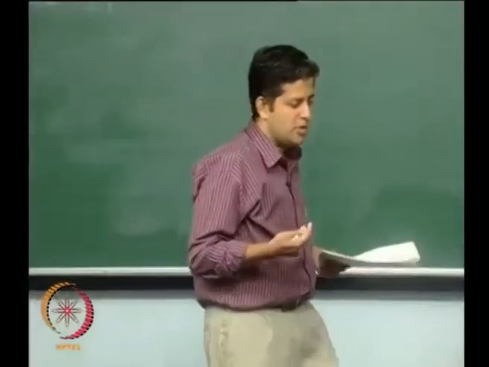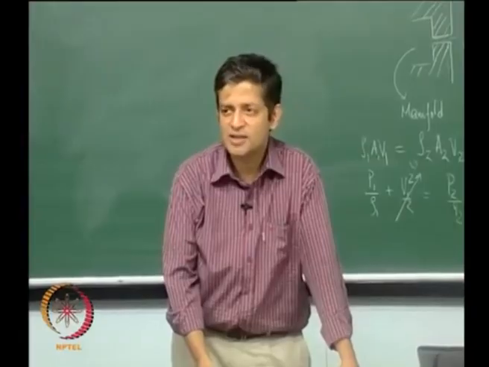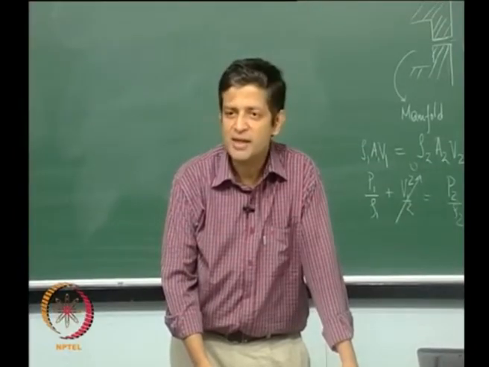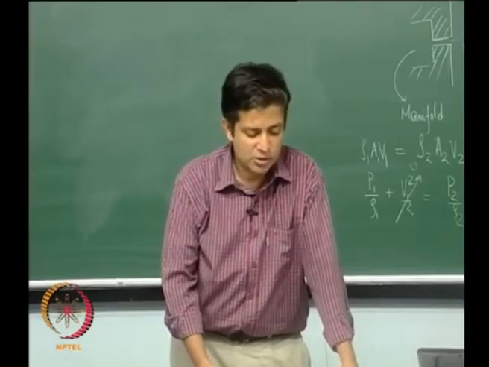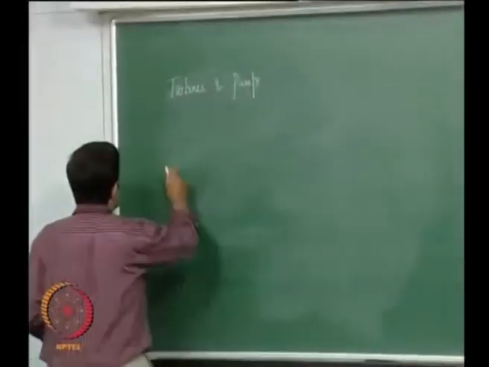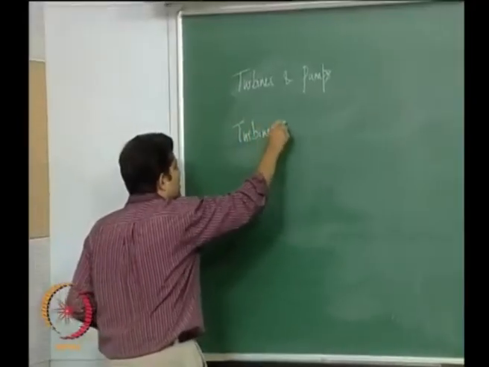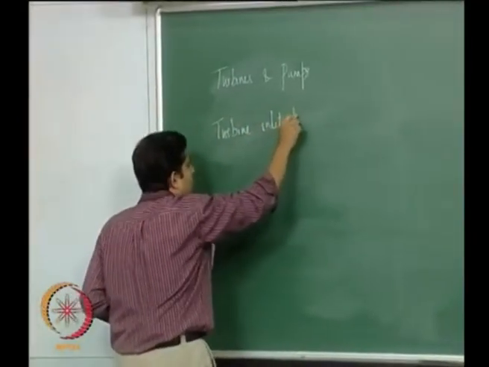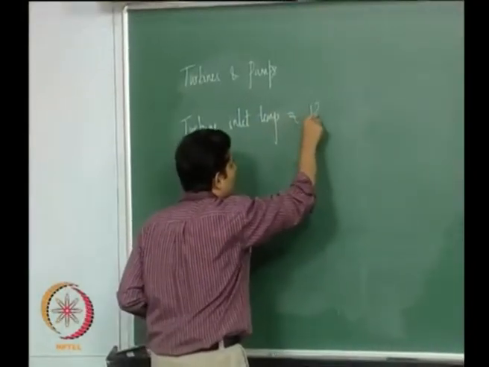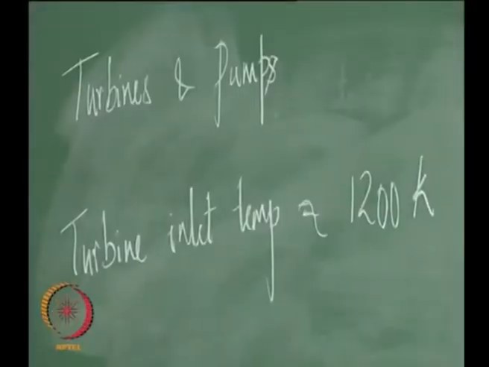Turbine, you must have studied this in jet engines or gas turbine engines, that inlet temperature cannot be very high, and usually in this case it is also restricted to something like 1200, approximately around 1200 Kelvin. Okay.